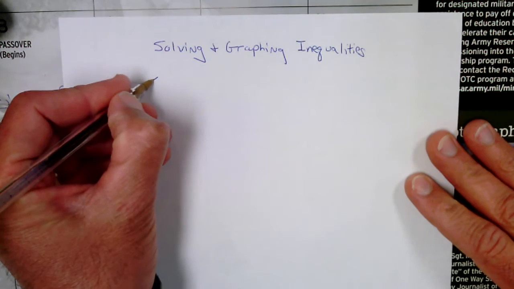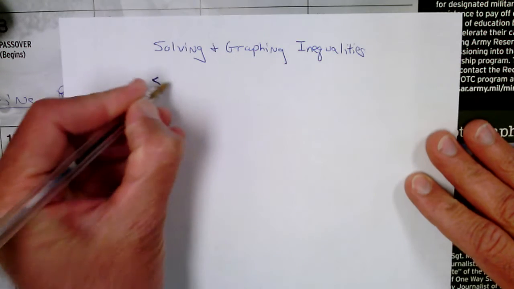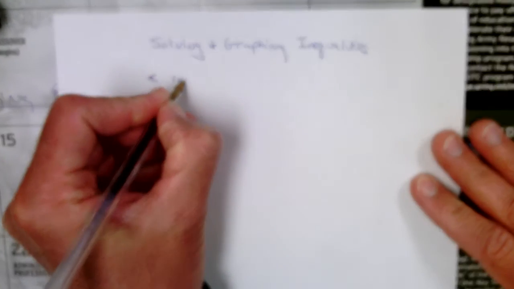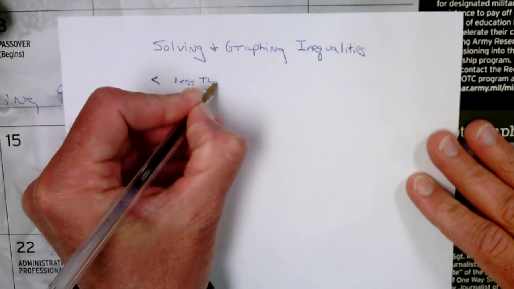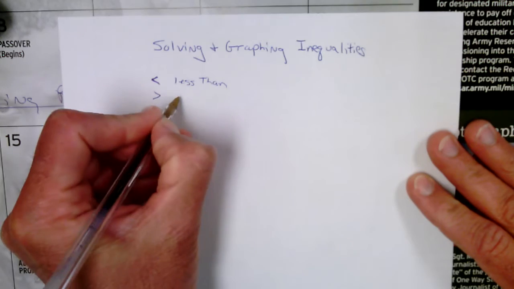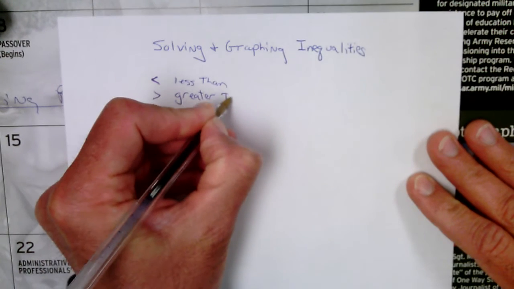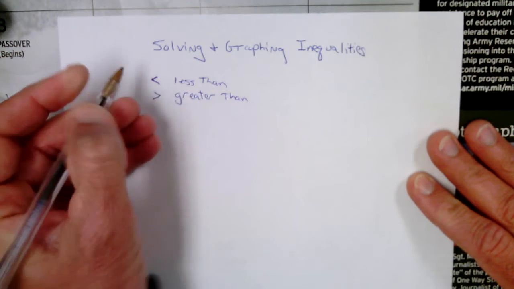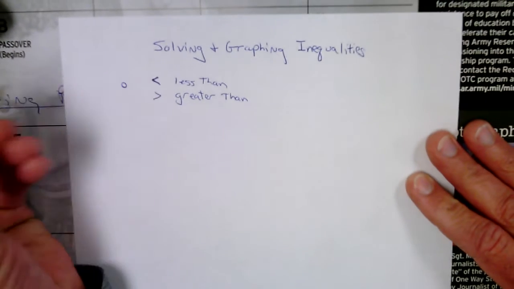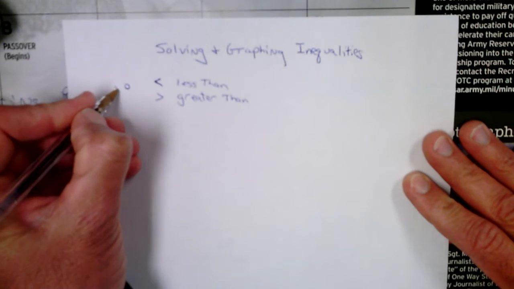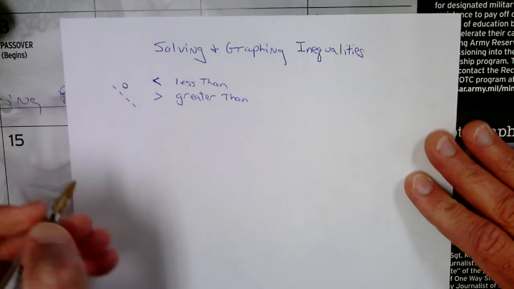Inequalities are the signs that look like this one, which is less than. We have the one opposite that is greater than. And a couple of things that go along with that are what we call an open circle. And eventually we're going to get to the dashed line part.